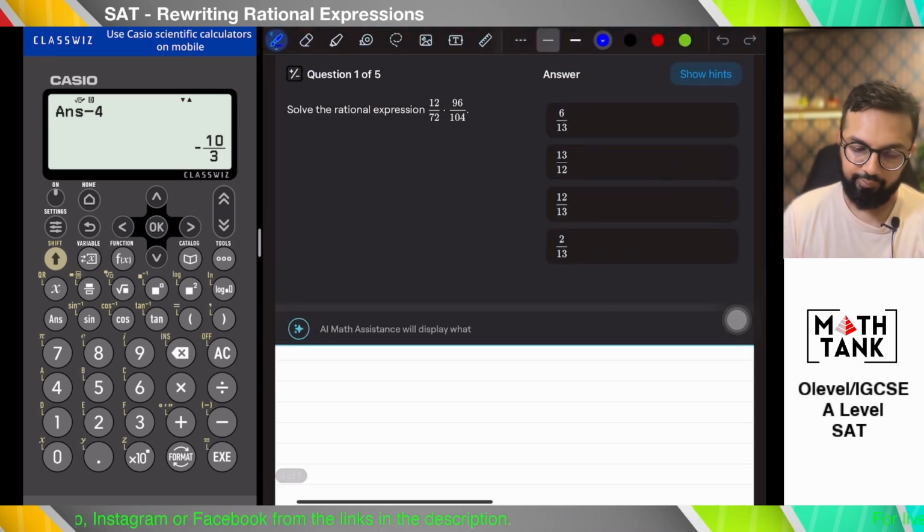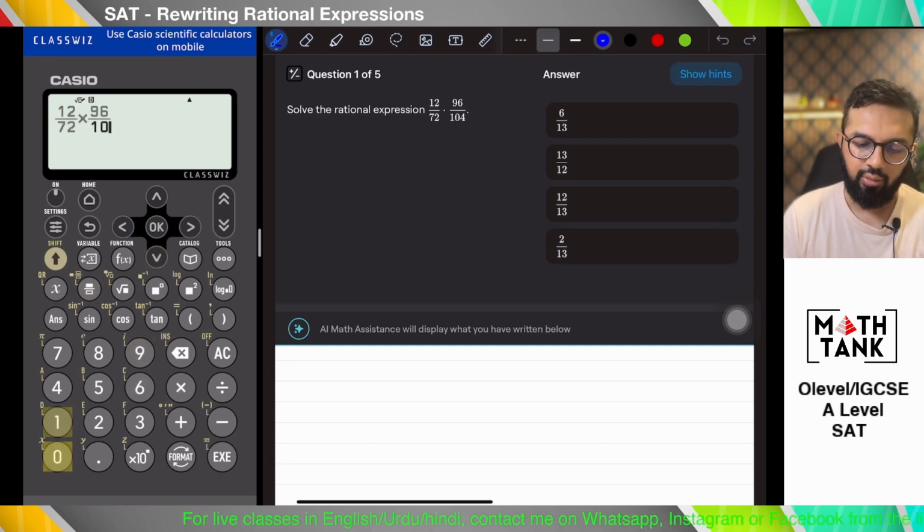Okay, so over 72. I don't want to do this manually because I think that can be done on a calculator. It's not useful wasting time on this.